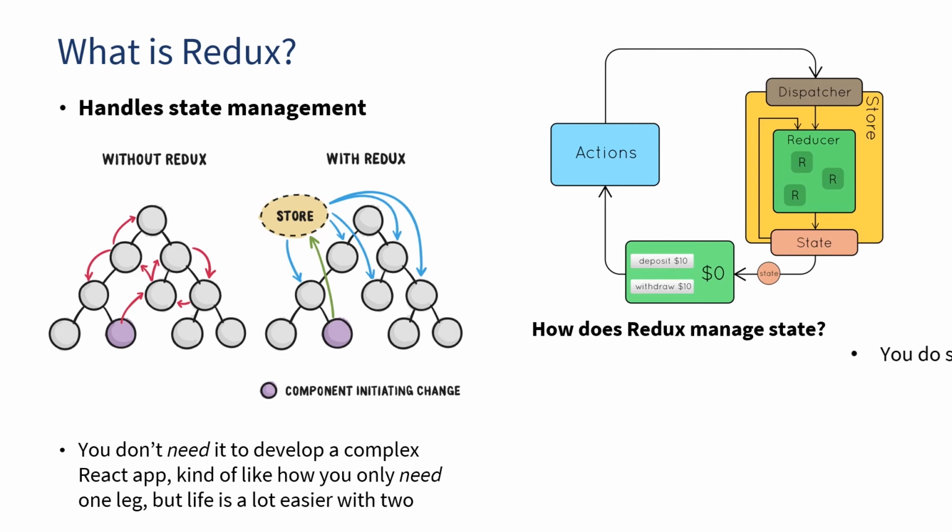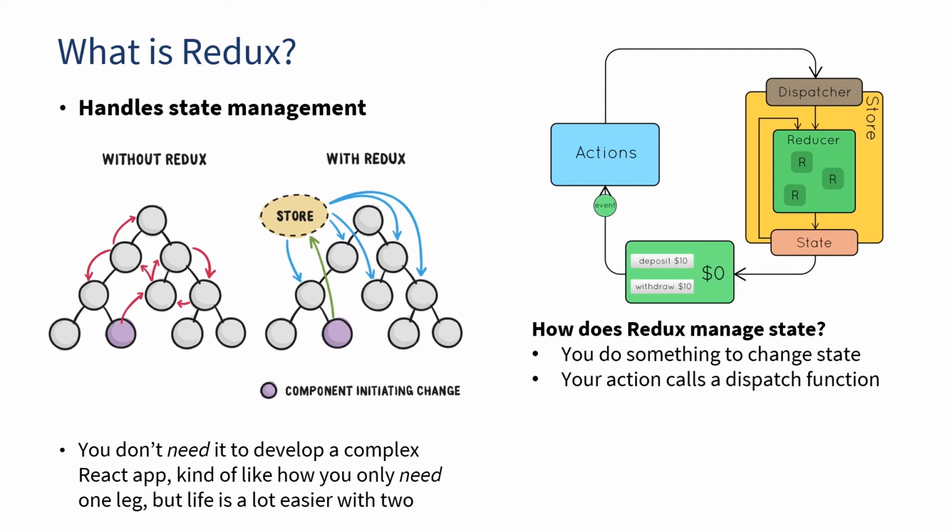So how does Redux manage state? You do something to change state. For example, we're going to deposit $10, or rather withdraw $10. Your action will call a dispatch function. So our withdraw action is going to go to the dispatcher.